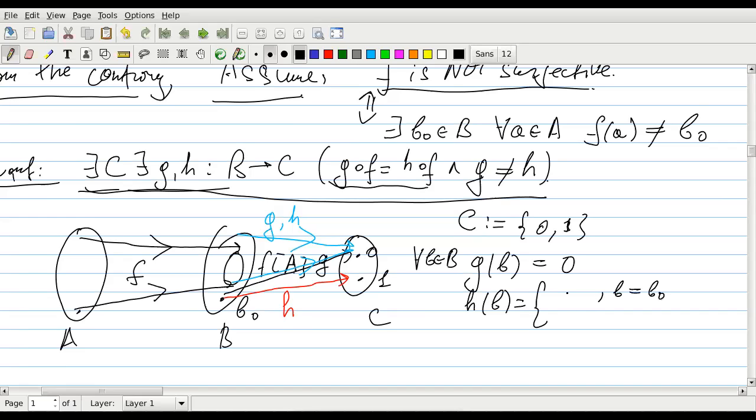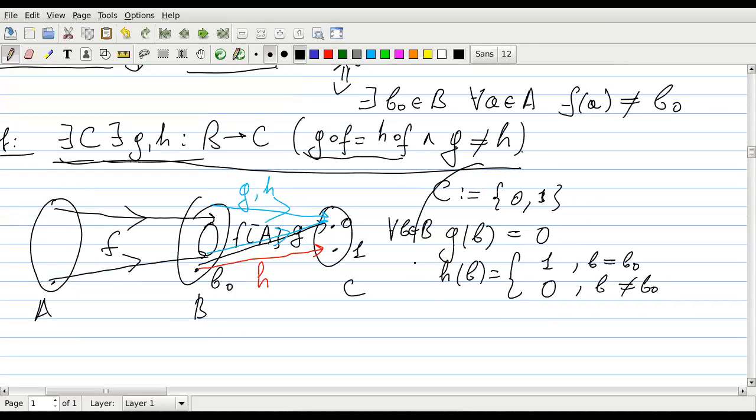If it is b0, it is what? According to our picture, 1. And otherwise? 0. Of course. So now we have constructed some C, G, and H.